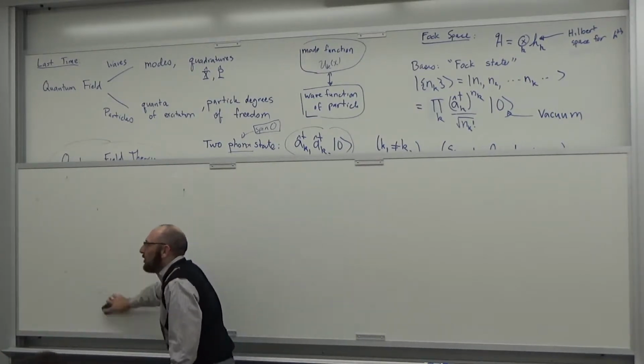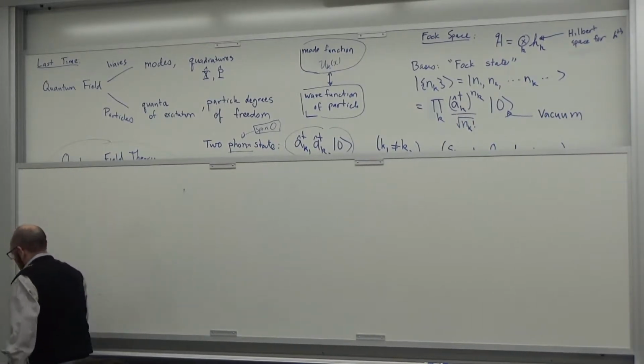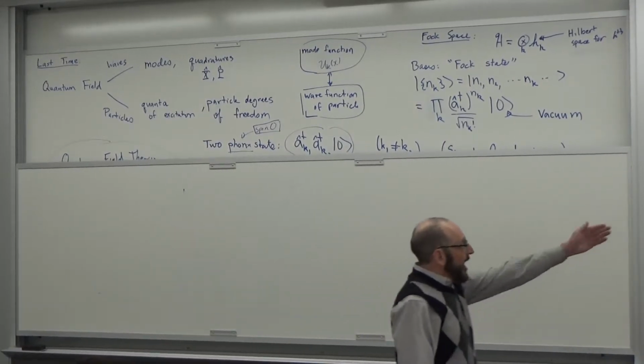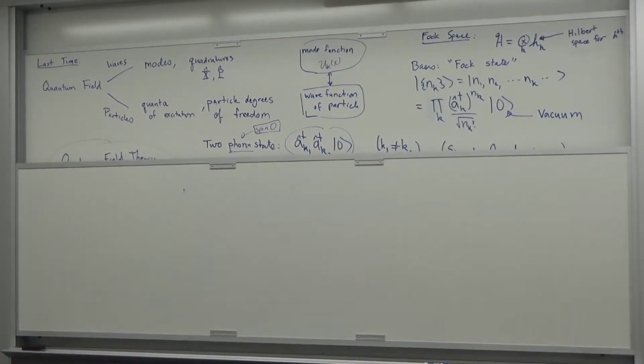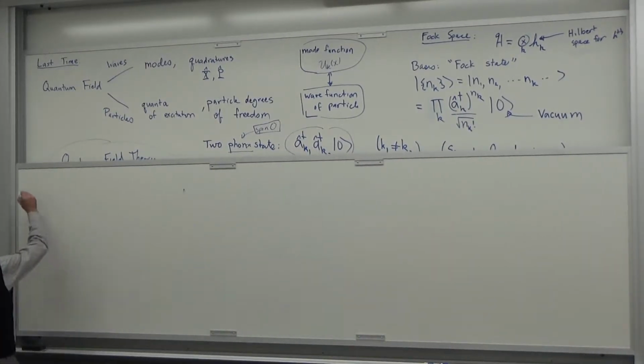So I want to decompose my vector potential into normal modes. What are the normal modes of the theory? Well, this is the equation of motion here, the wave equation. I'll write it again.